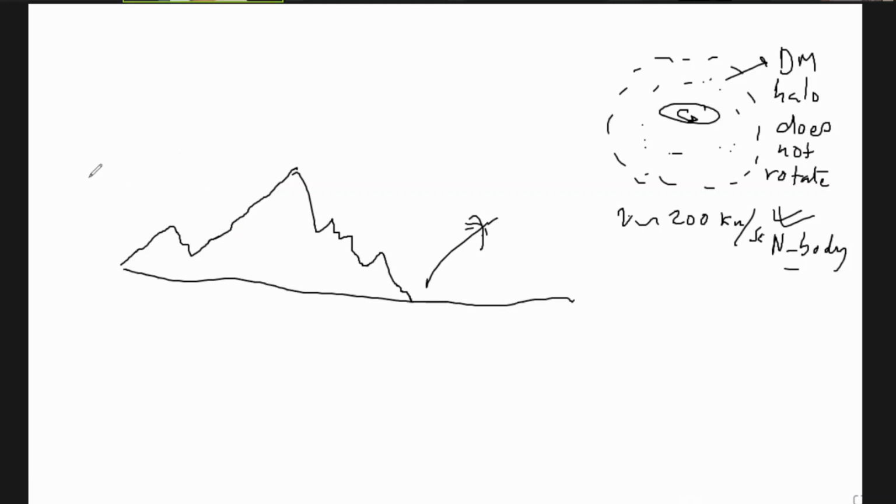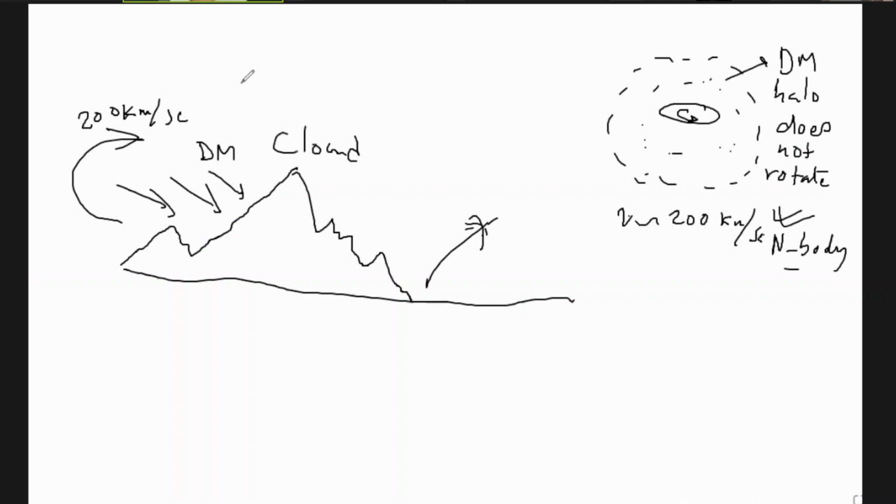So if you are moving in the galaxy at 200 kilometers per second, your local velocity, then you will see the DM cloud hitting us at the same speed, right? Now, how to detect dark matter? Because dark matter has to interact. If it does not interact, how can you detect it, right? So, DM can interact with nucleus.